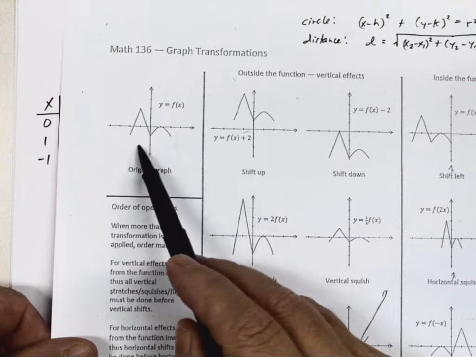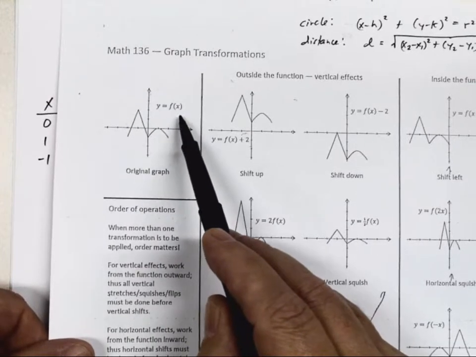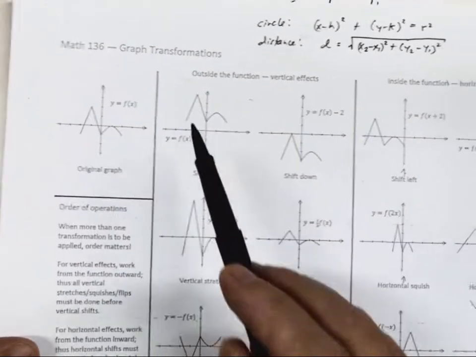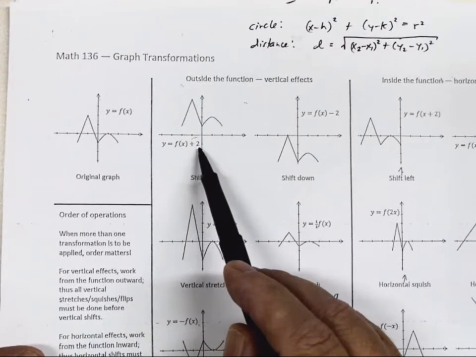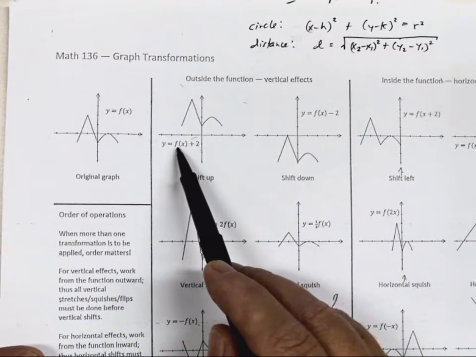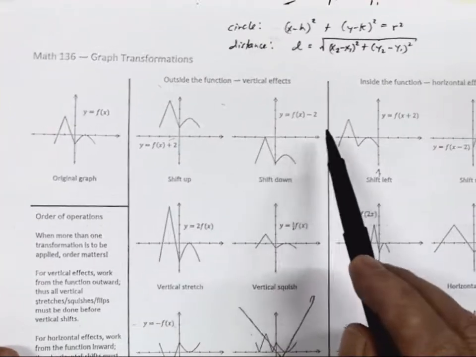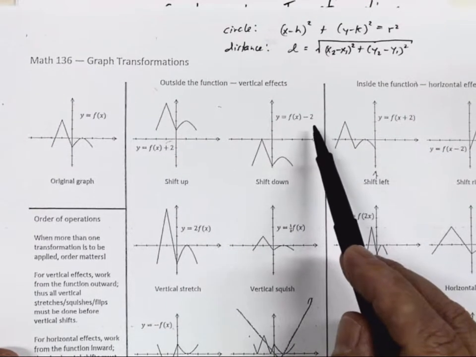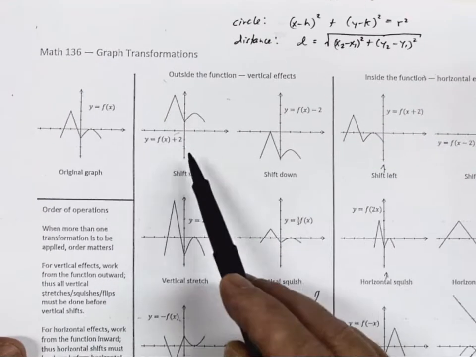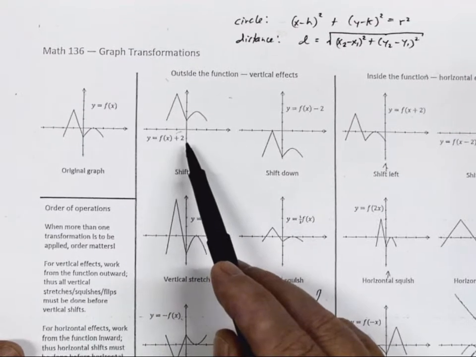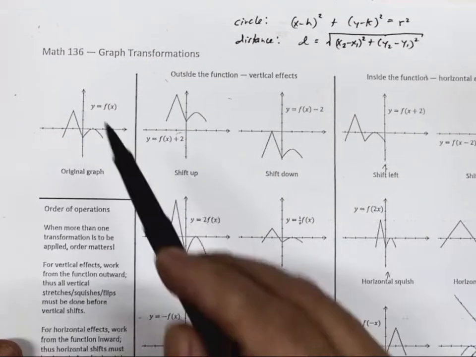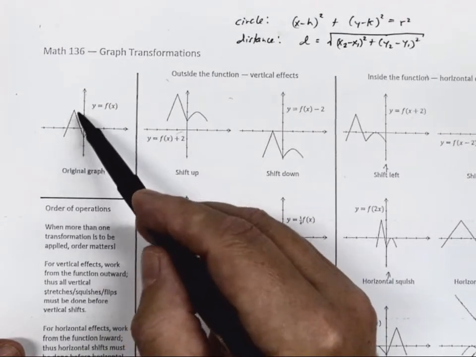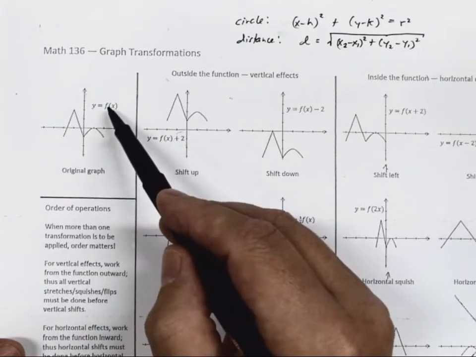So in other words, here's a graph and here's f of x. Outside the function, this first example says in this case they added 2 to the function, f of x plus 2, or over here, f of x minus 2. For each of these actions, it tells you the effect on your graph. This is my original graph, f of x.